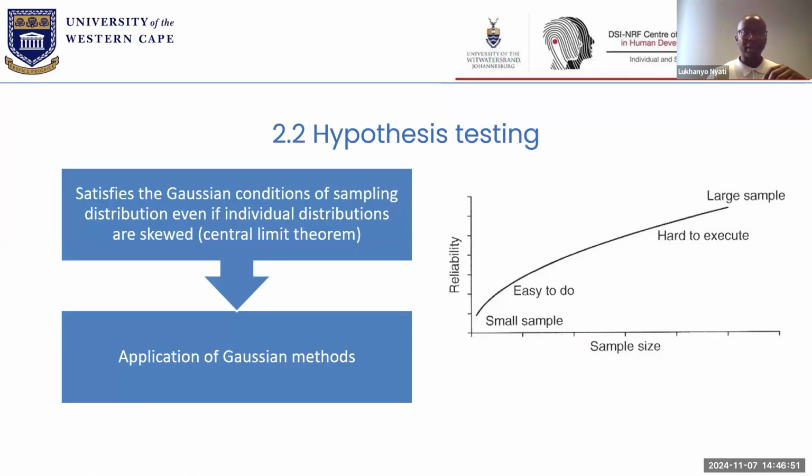That will also help you to satisfy the conditions of the Gaussian distribution, and you may apply methods such as summarizing using a mean and standard deviation, and performing your parametric tests.